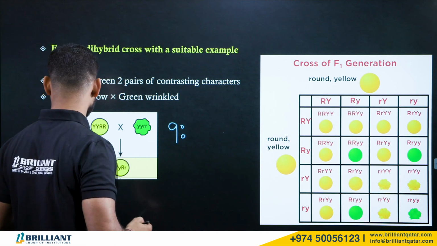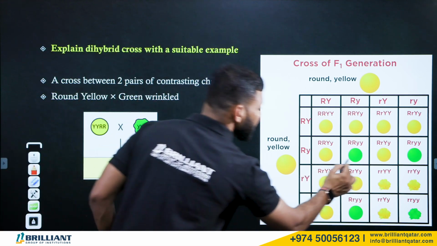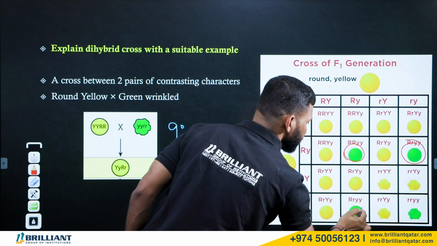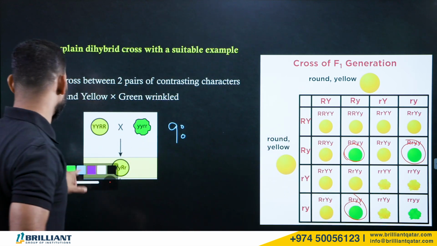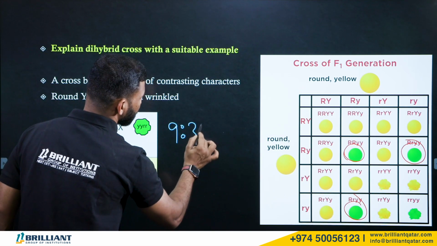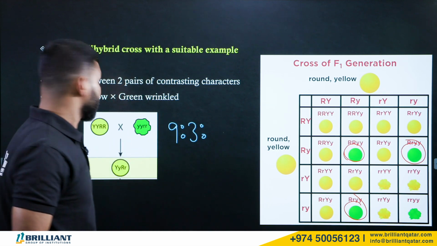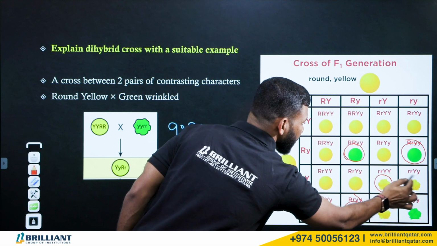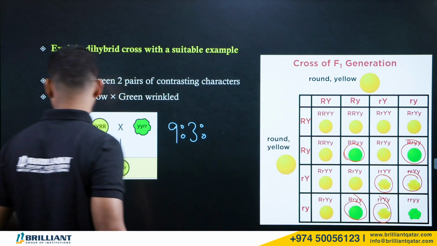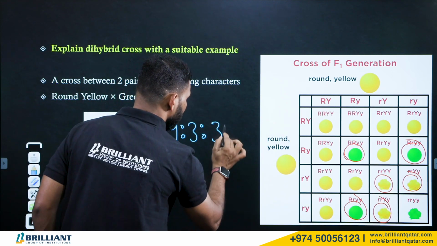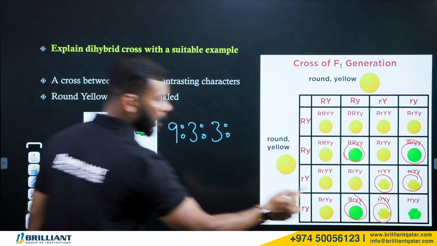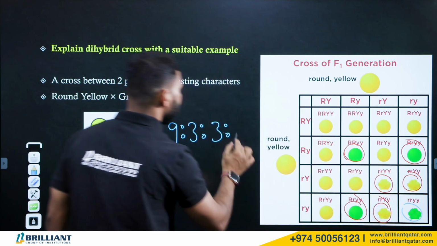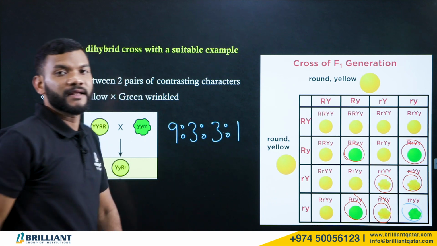And you can see there are 3 round green. So here the ratio will be 9:3, and in the same way, you can see there are three yellow wrinkled, and the last one is green wrinkled.